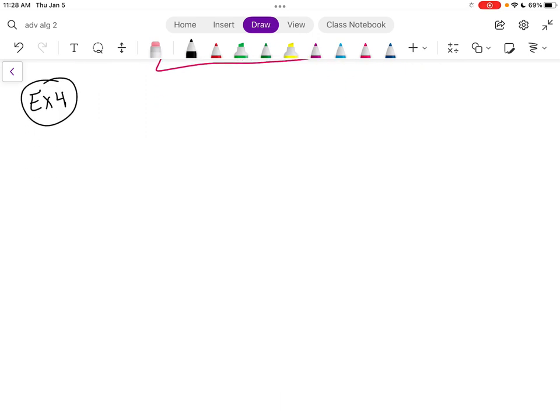So let's do f of x equals x to the third minus 6x squared plus 9x. Okay, so I'm going to go ahead and set this equal to 0 so I can solve that.